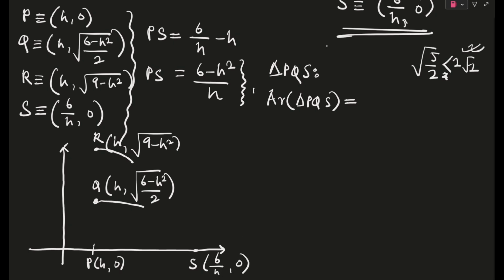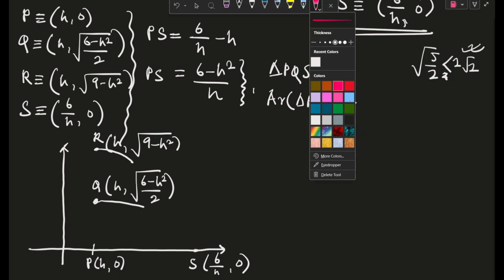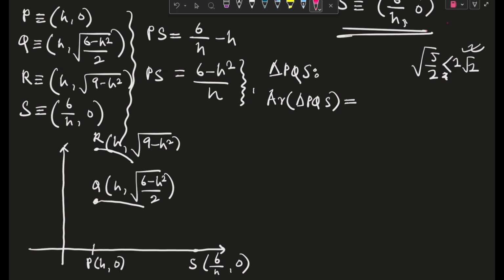If we plot our triangles, let's use a different color, maybe red, or magenta, I don't know, I guess pink. Okay, PQS, so PQS will be this triangle. I guess it's a right angle triangle. And your other triangle that was given was PRS, so PRS will be this triangle.